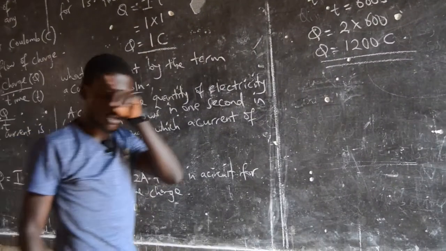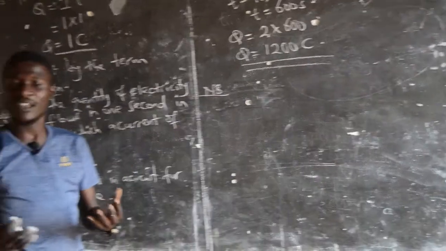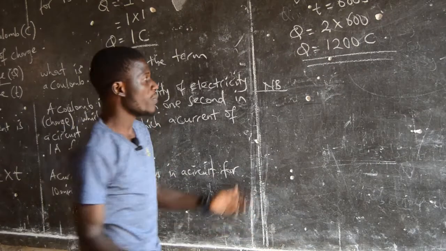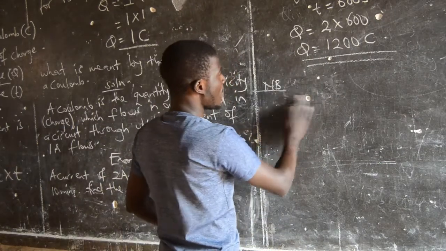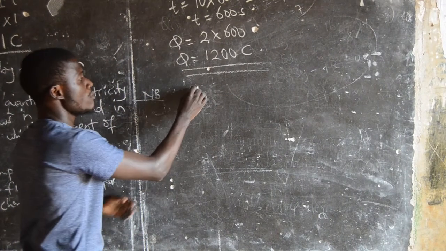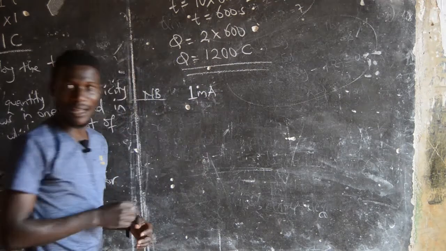However, take note of this. I've told you that the current is measured in amperes, but there can be other units of current. For example, you need to know that 1 milliampere, they can use the word milliampere. Are you seeing it?